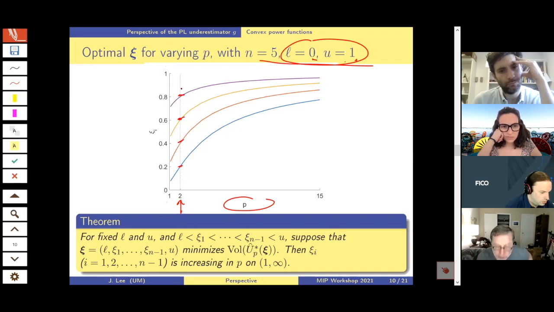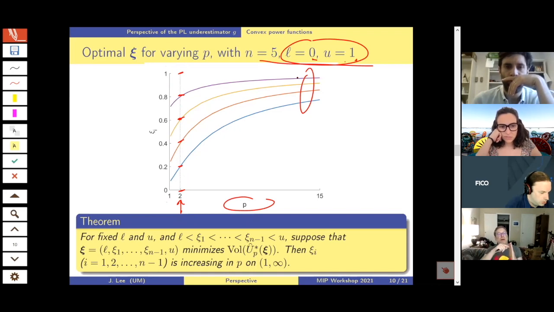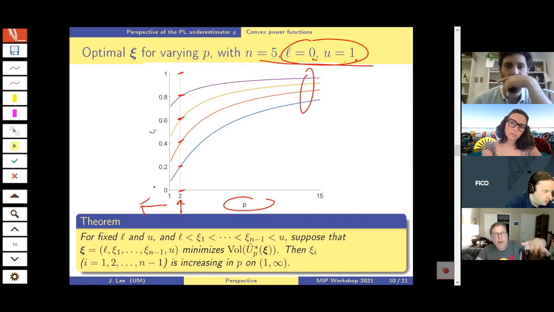They're equally spaced. When the power of a power function is bigger than 2, then the points get clumped up to the right. So this is giving you some guidance of where you should put your breakpoints if you have a function that's growing faster than a quadratic, or curving faster than a quadratic. On the other hand, if you go between 1 and 2 for the power, things clump up the other way.